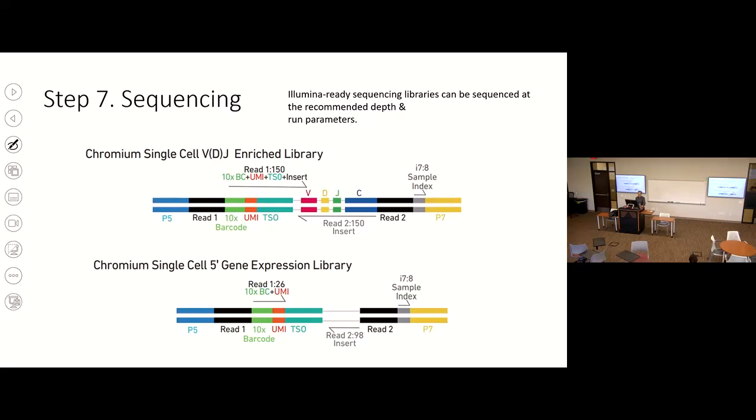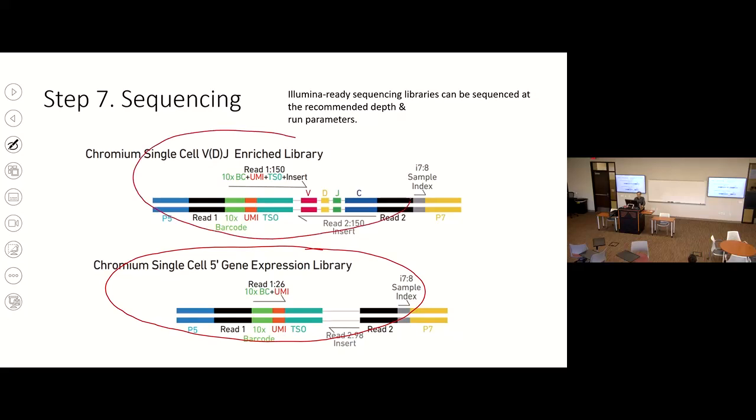So two libraries have been constructed. This is a regular single cell RNA-seq, and this is a VDJ segments enriched library. In the region of those amplified regions, they contain different information.